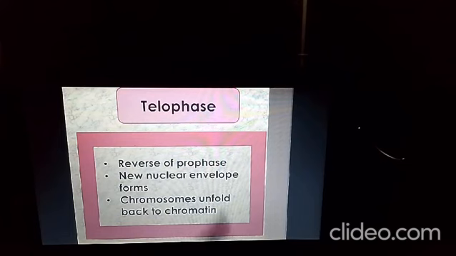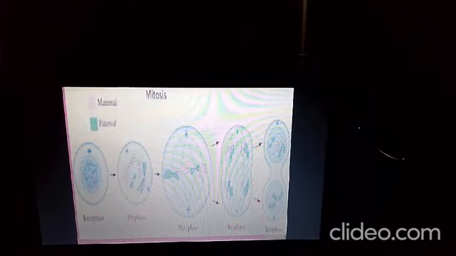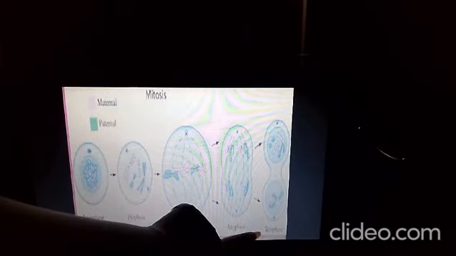The last phase is telophase, which is basically the reverse of prophase, in which the nuclear envelope comes back, and the chromosomes again unfold and form chromatin structure. Okay, and here is the diagram. See, this is telophase.